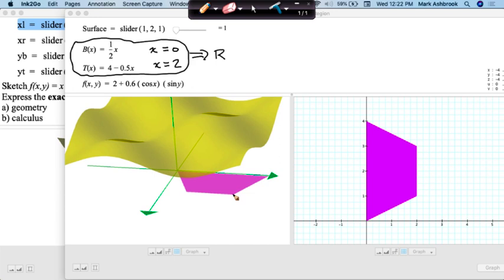I want to find the volume defined on the top by f, on the bottom by the xy plane, and laterally by the edge of the pink region. This function is always positive. The sides are defined by the edge of the pink region, extending up and down in the z direction, the top is defined by the surface, and the bottom by the xy plane.